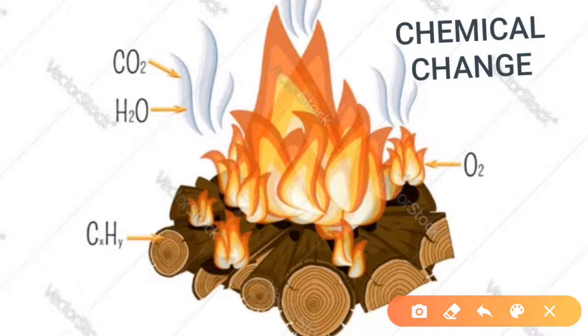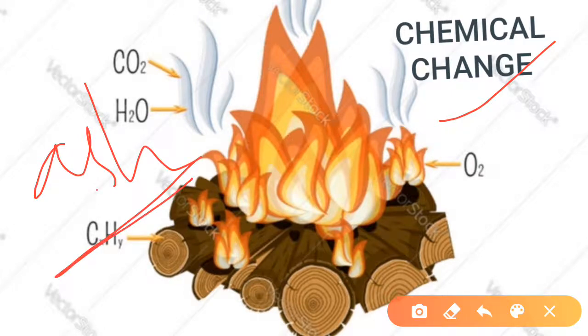The next one we have already seen is the burning of food. It is also a chemical change, right? After burning we get ash. Ash never converts back into wood, so this is irreversible.